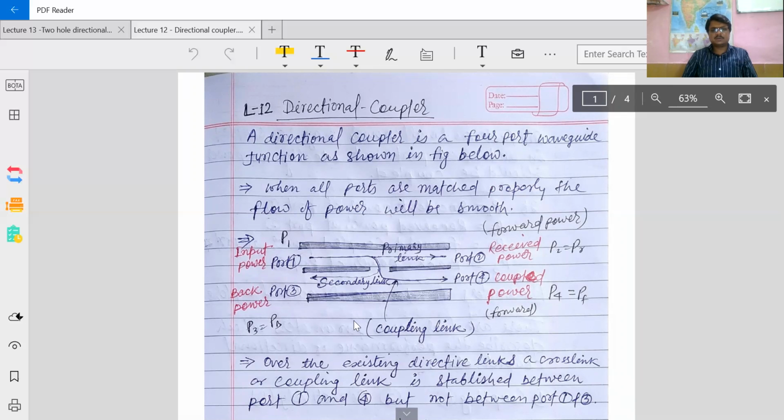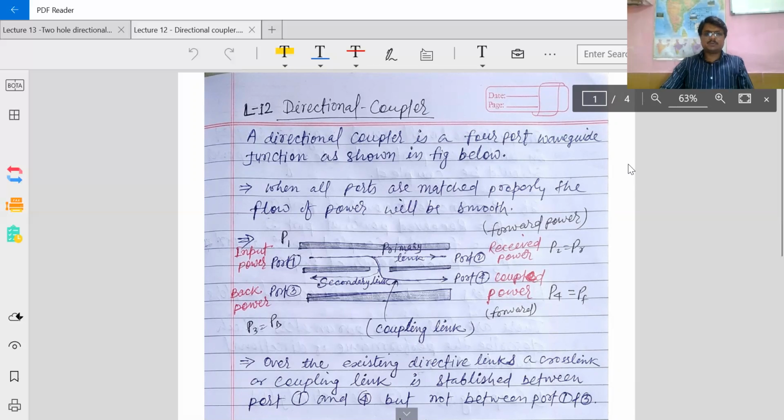There is high power in the microwave because as the frequency increases, power also increases. So if we want to measure the power of any microwave power coming from any waveguide, it is almost impossible.